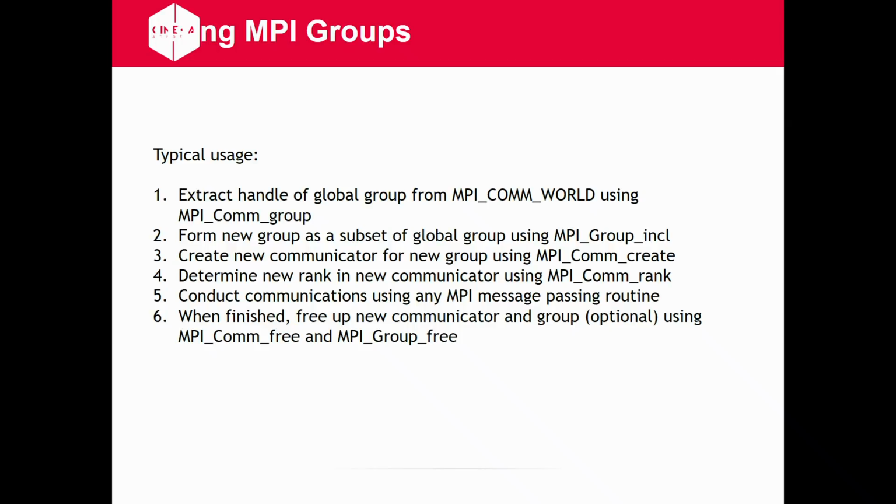You can perform message passing operations inside the new communicator simply by using the same commands as before, but using the new communicator instead of MPI_COMM_WORLD. And at the end of your code, if you want, it is an optional command, you can free the memory of the communicator simply by using the commands MPI_Comm_free and MPI_Group_free.